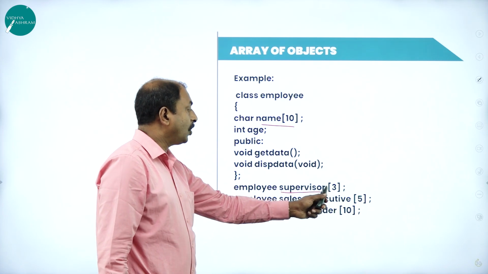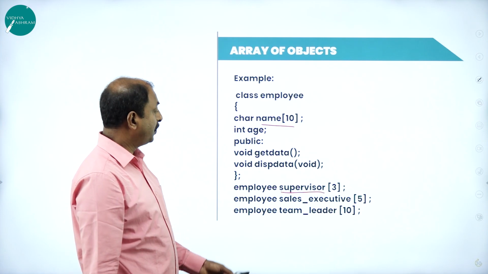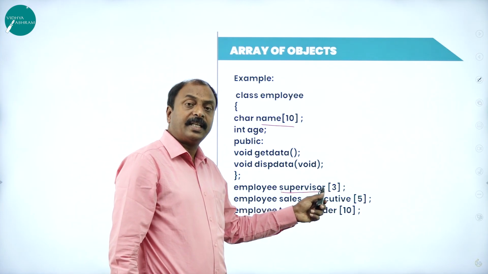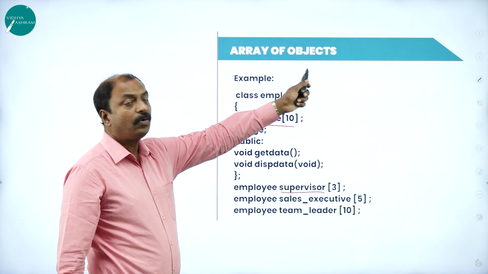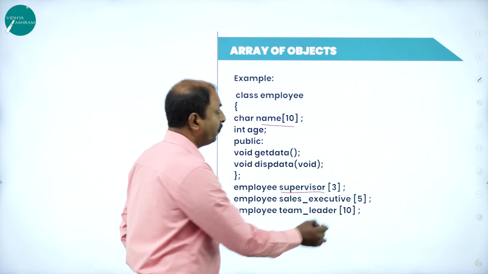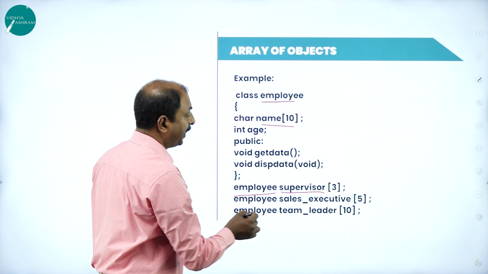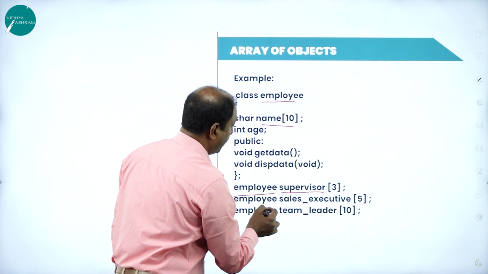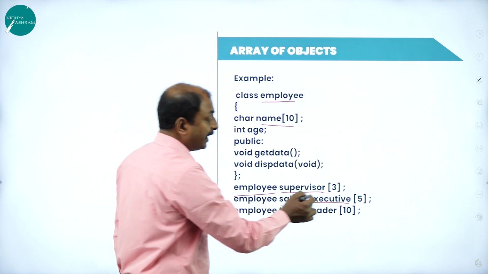Supervisor of size 3, the square bracket represents an array. So supervisor is an array of size 3. That is the concept of array of objects. Similarly, employee sales executive[5]: employee is the name of the class, sales executive is the array of objects, and the size is 5.